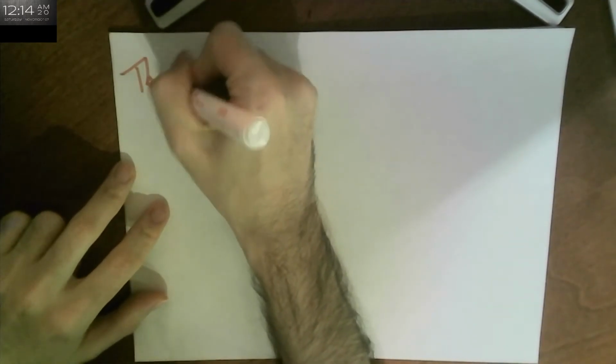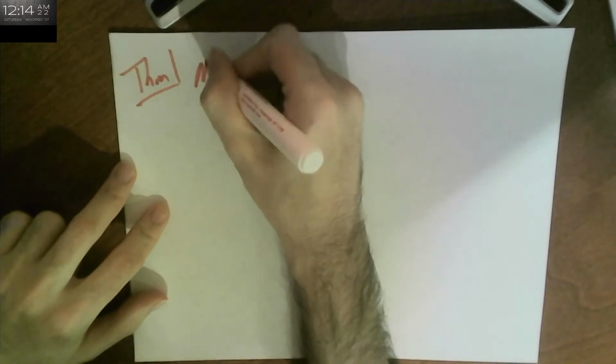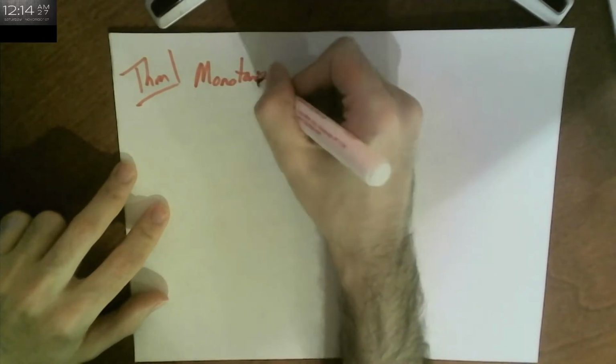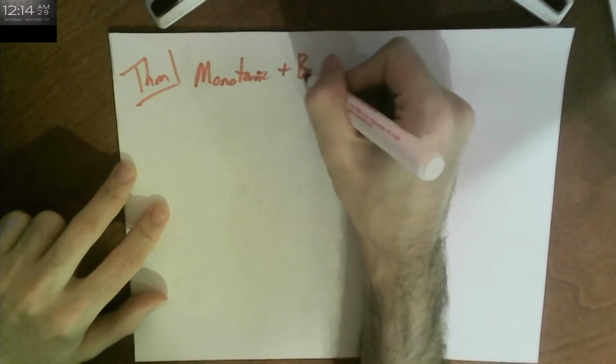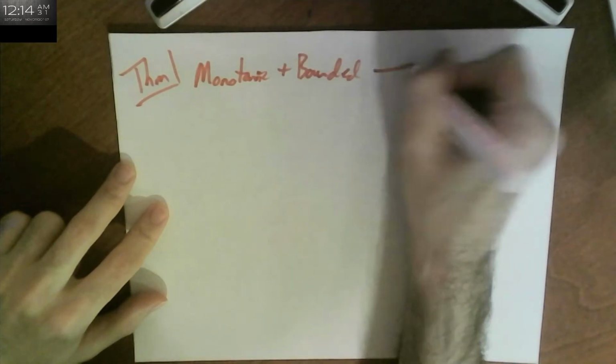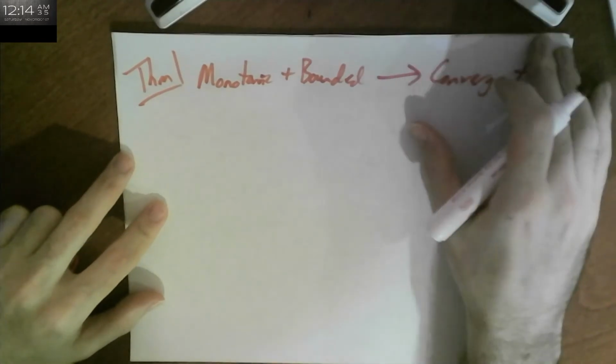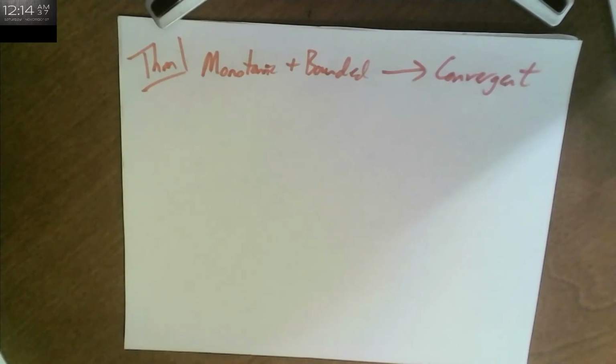Which is the following, and also is our final theorem. Theorem: monotonic plus bounded implies convergent. If we have a sequence which is monotonic and bounded, it's convergent.